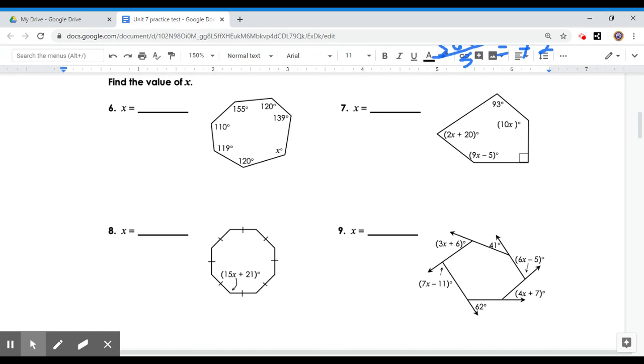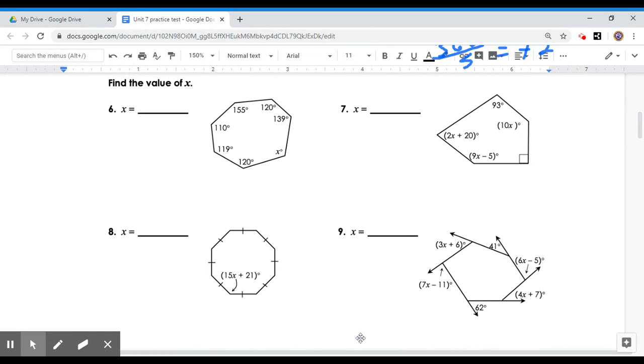All right, so these are really similar questions to what you saw in the quiz. So I just changed some of the numbers. I wanted to go over these with you. So for this one, to find the missing angle, first of all, you need to find what the sum should be. So in order to do that, we need to figure out how many sides we have.